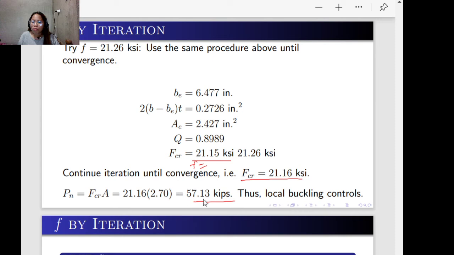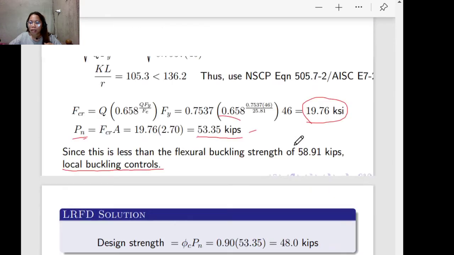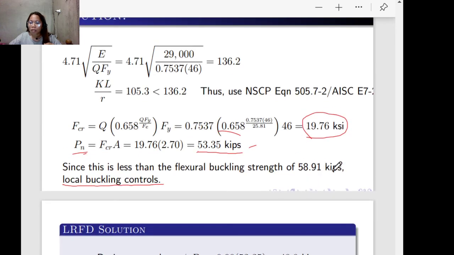Compare this to the flexural buckling or global buckling load, which is 58.91. Still, by iteration, local buckling controls because it is smaller than the flexural or global buckling.